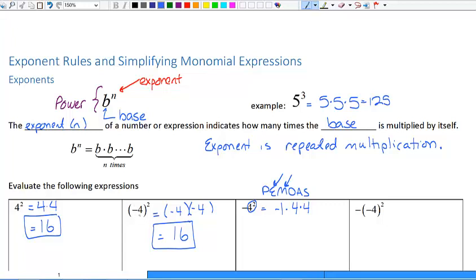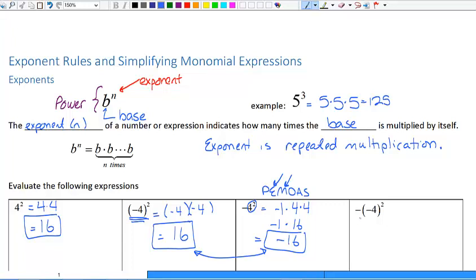Clearly the negative is with the 4 inside the parentheses on the second problem, but on this third problem the negative is out in front, and what we have decided that means in mathematical notation is the opposite of 4 times 4. Now 4 times 4 is 16, and then the opposite of, or negative 1 times, 16 is negative 16. So notice that these two answers are not the same when the negative is placed in different spots.